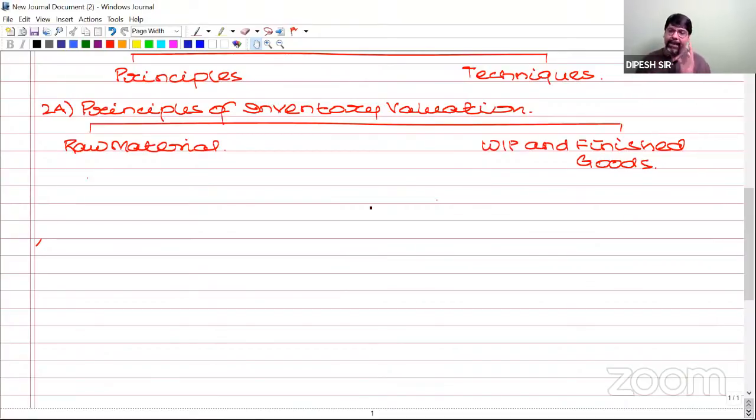But what does it state? Raw material should always be valued at cost. If market price of finished goods falls below the cost of the finished goods, then raw materials should be valued at replacement cost. First, let us write this down.